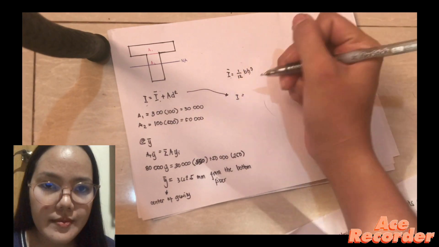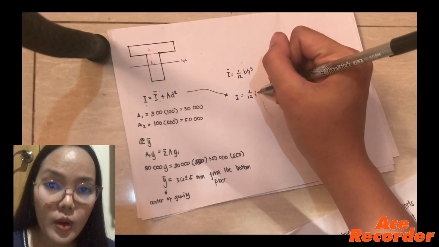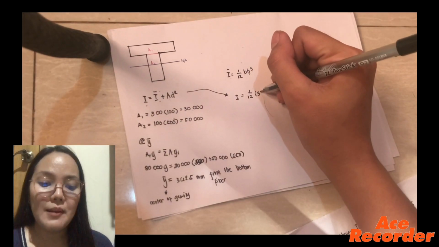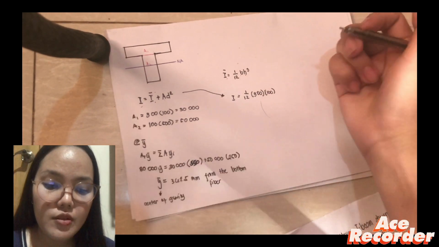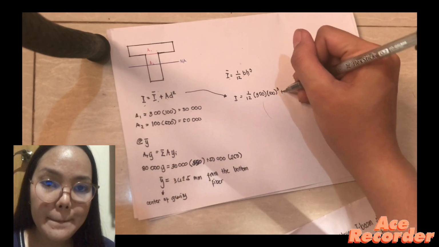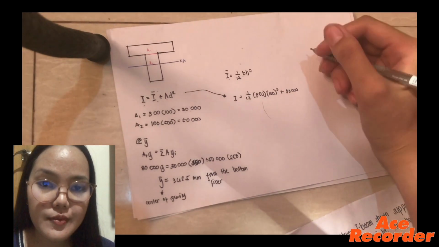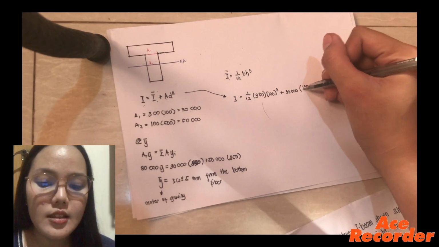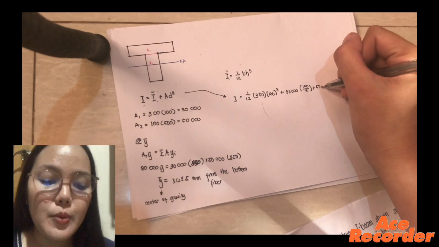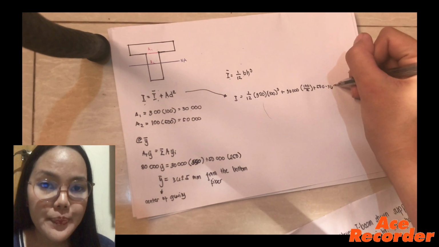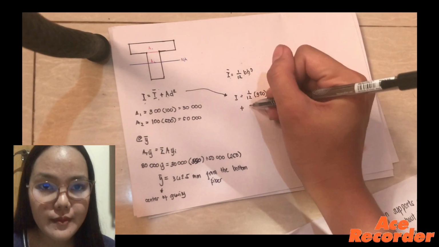Now, I, or moment of inertia, is equal to 1/12 times base times height, which is 300 times 100 to the power of 3, plus 30,000, which is the area, and the d, or the vertical distance from the centroid of the segment, which is 100/2 plus 500 minus 362.5 squared.